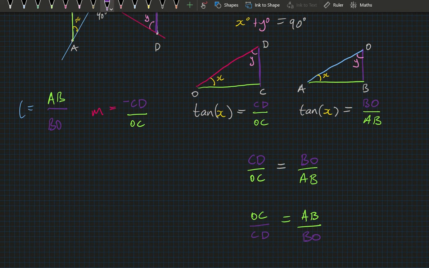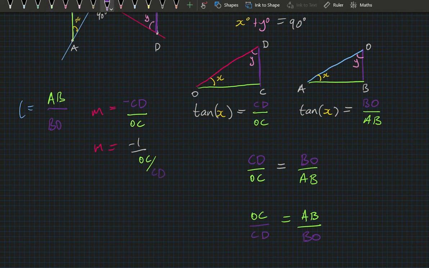So M is equal to CD minus OC. So if I divide the numerator and the denominator by CD, I now have M is equal to minus 1 divided by OC divided by CD.